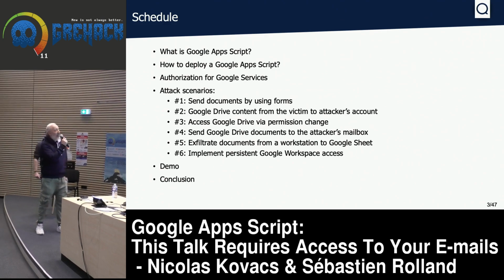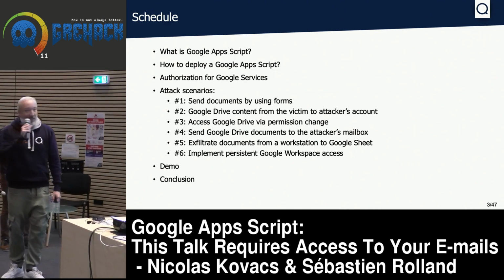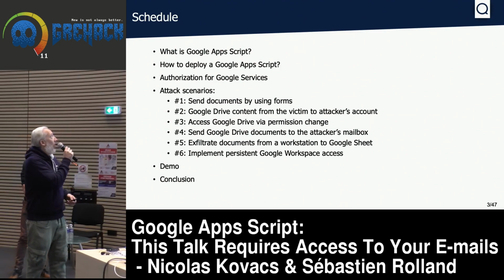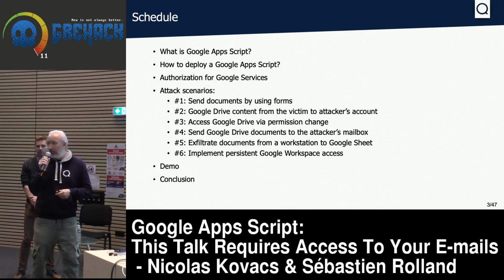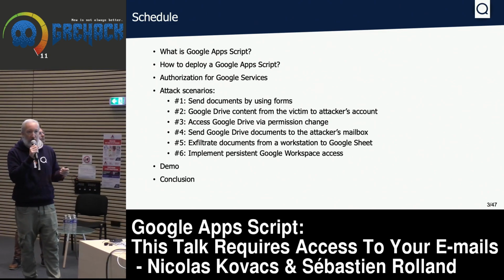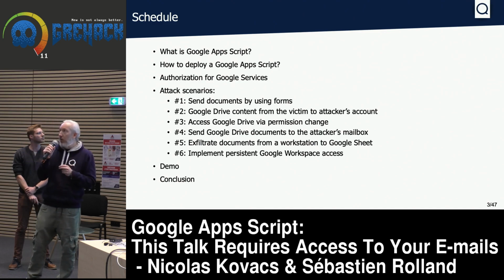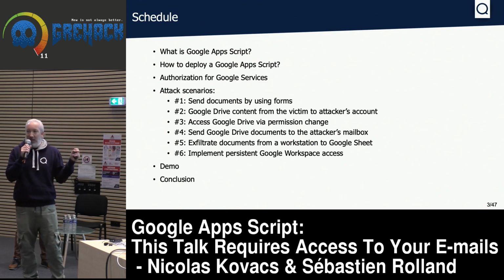Okay, so about our presentation, we will start to define what is Google Apps Script, how to deploy an app script, because when you use Google Apps Script, you need to deploy some script and create and develop some script. We will talk about the authorization part. It is really important because it's this stuff that we can use to make some attacks.